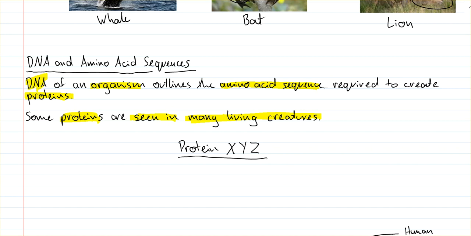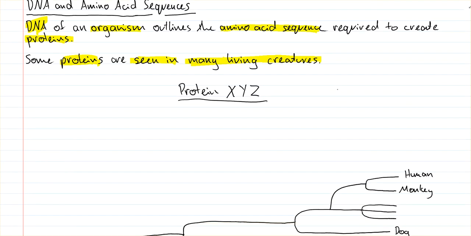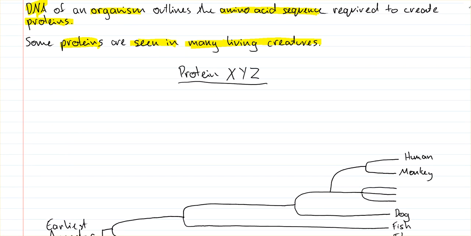So I've come up with this made up protein called protein XYZ, and we can imagine that this protein is 100 amino acids long. So say there's 100 amino acids that make up this protein XYZ, and this is seen in a number of different organisms.